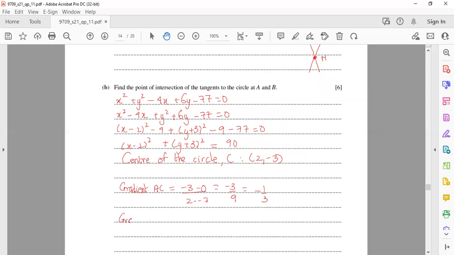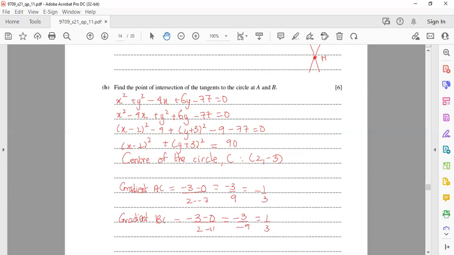Gradient BC is minus 3 minus 0 upon 2 minus 11, which is minus 3 over minus 9, 1/3.